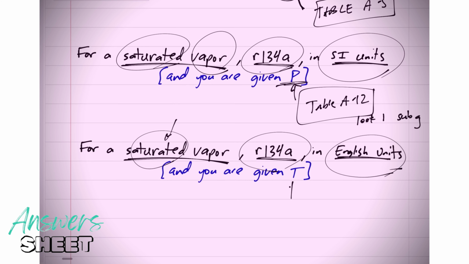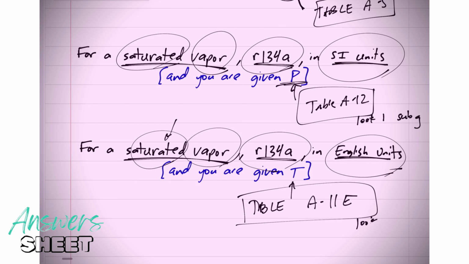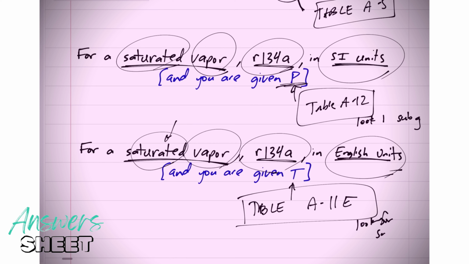All right, and we're given the temperature, so I'm looking at the temperature table, A11E. I'm looking for saturated vapor, so I'm going to look for subscript G at that temperature.